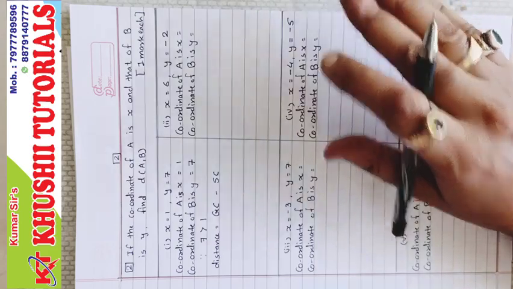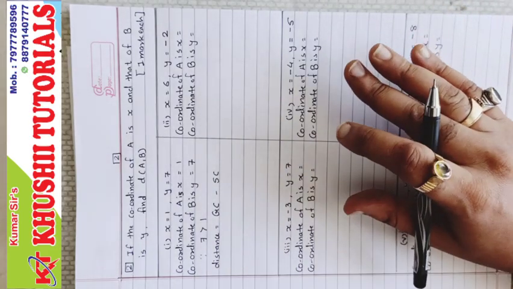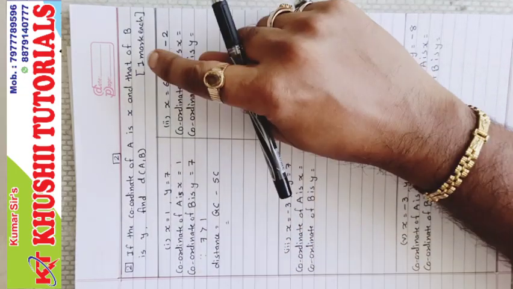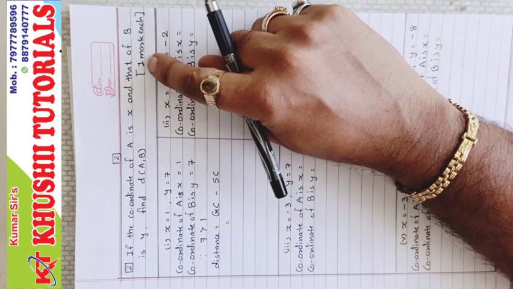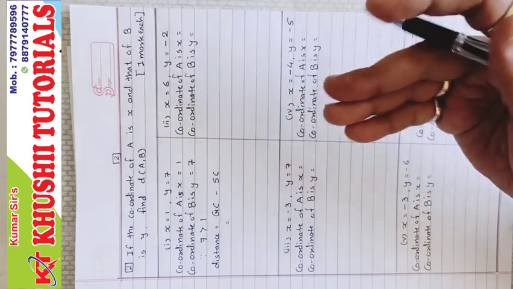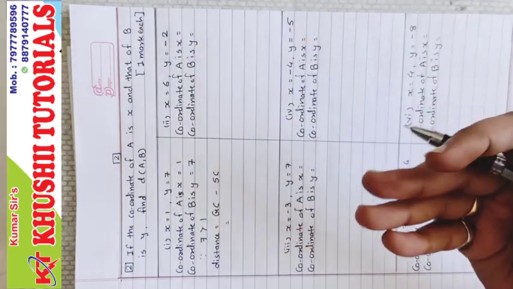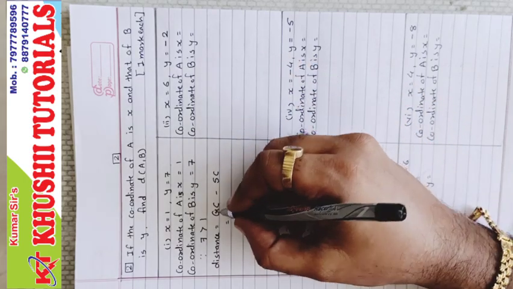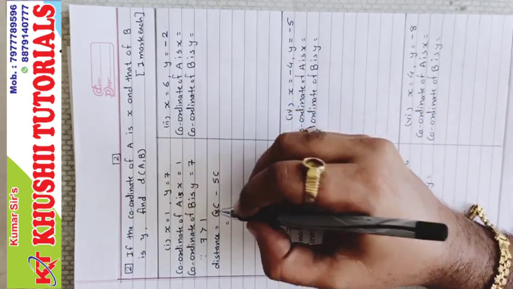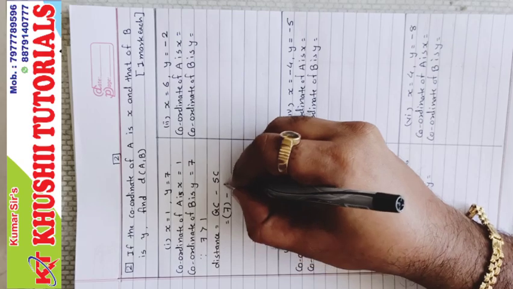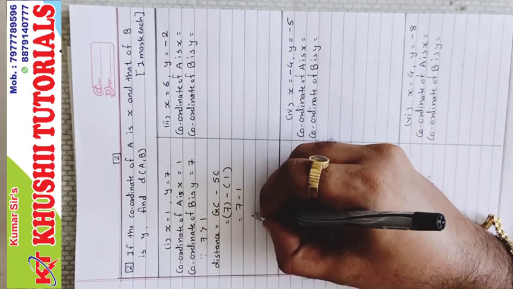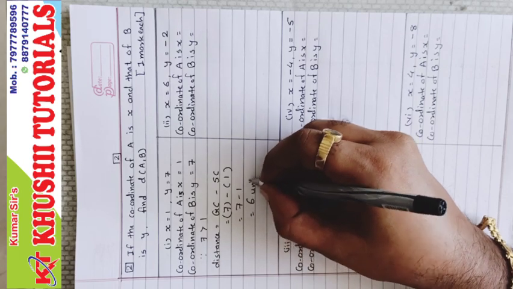For practice it's okay, but in an exam or whenever you are writing a test, you compulsorily have to write it in full. Otherwise the teacher will cut your half mark. This sum is of 1 mark, and if she cuts half a mark for this, then only half a mark will be left. So please don't make such silly mistakes. Now first, the greater coordinate is 7. Under bracket we write 7 minus 1, the smaller is 1. Open the bracket, 7 minus 1 is 6 units.